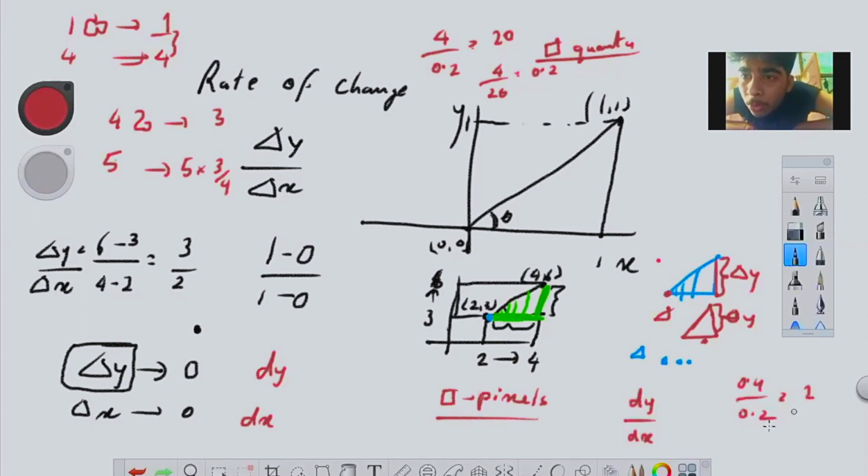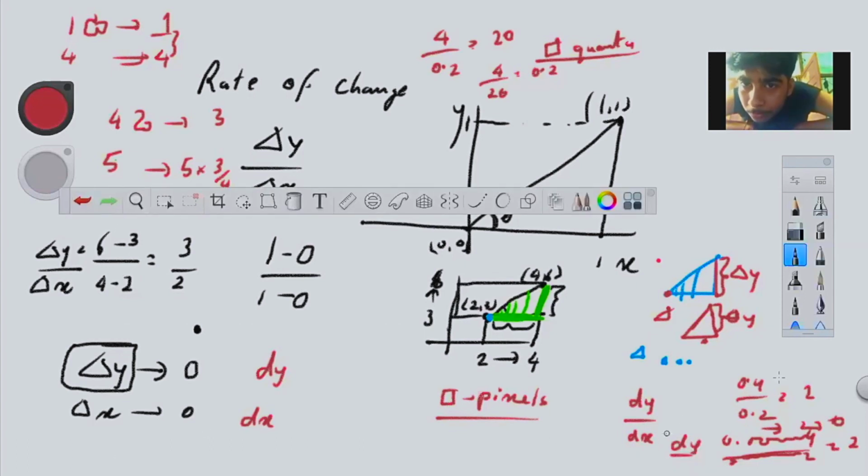And 0.000004 divided by 0.00002 will also give you 2. Those numbers are getting smaller and smaller, almost tending to 0, so they almost become dy and dx. So you can see the rate of change can also be denoted by dy by dx, since the larger fathomable thing is 2 and the smaller is also 2. So we can denote that by dy by dx also.